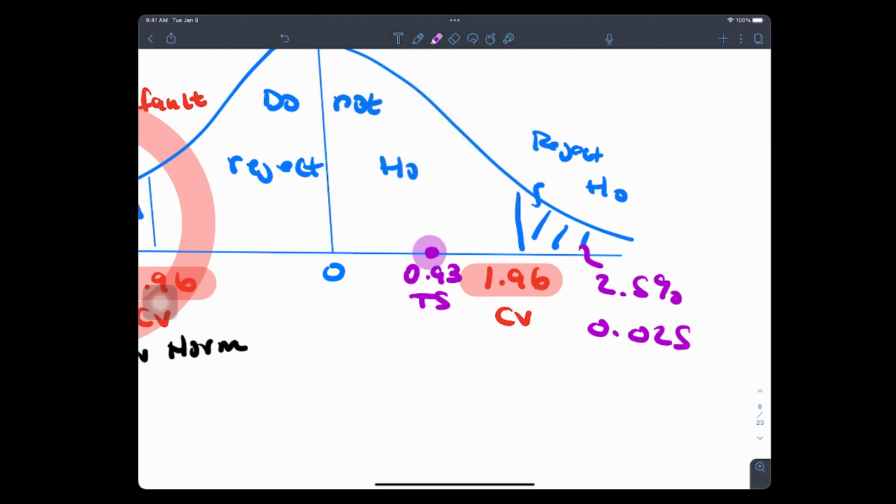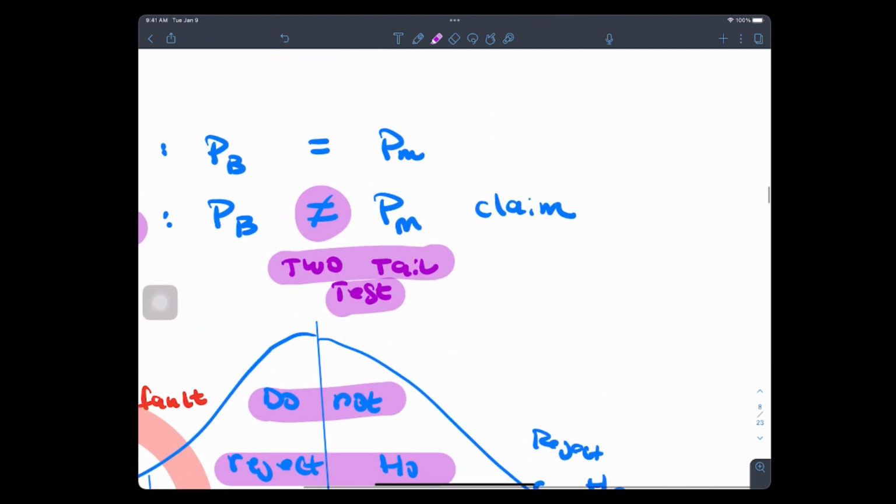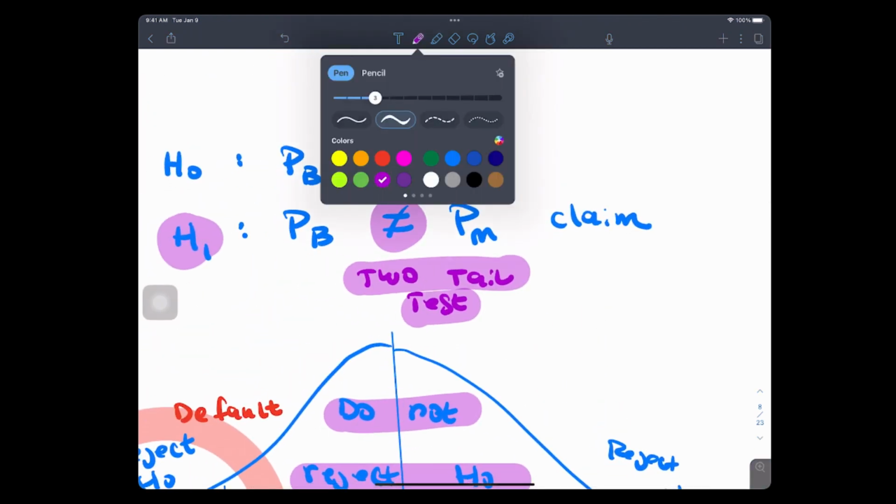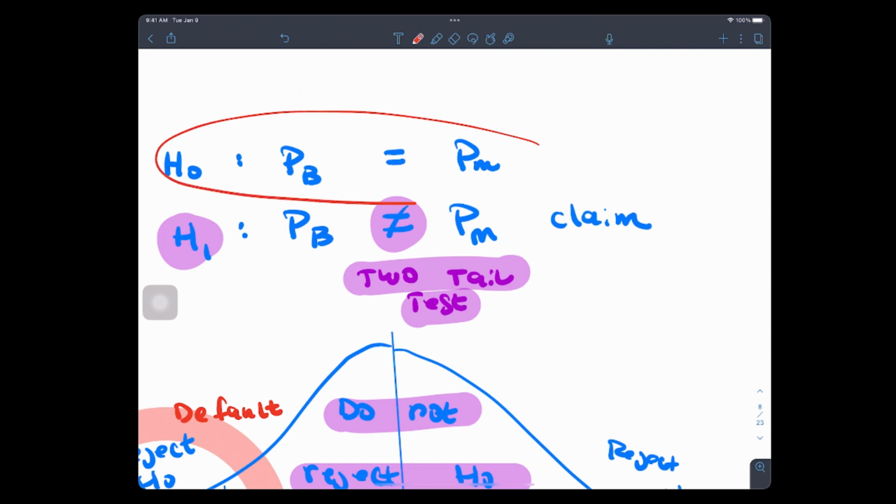Isn't it right between 0 and 1.96? Do not what? What does that mean, to not reject? Don't reject the null. You accept the null.